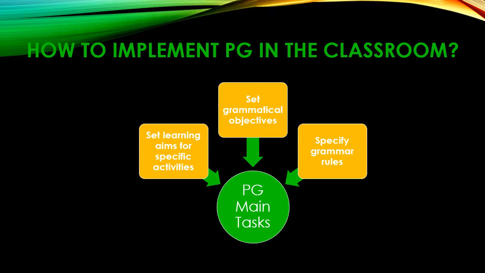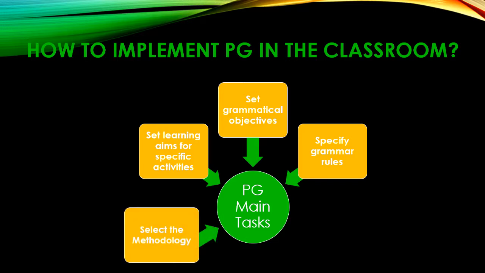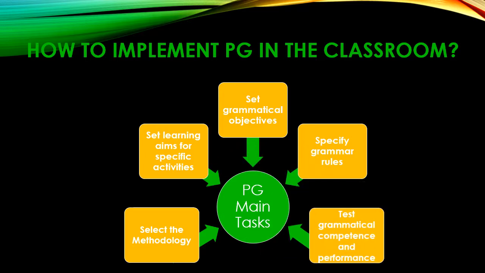It could be done by illustration, discovery of rules by students themselves, explanation, and others. Number 3. Set learning aims for specific activities. Decide what would be the main purpose of the activity to improve learning. Number 4. Select the methodology. Create, design, and plan the grammar activities to be implemented with the students. And the last one, number 5, test the grammatical competence and performance.